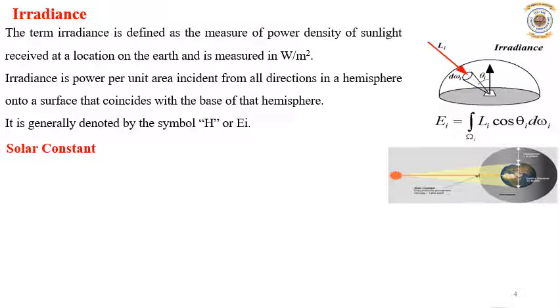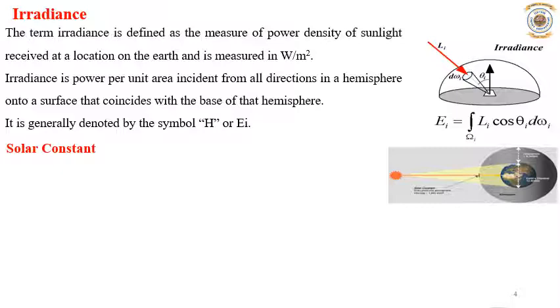As viewed from the earth, the radiation coming from the sun appears to be essentially equivalent to that coming from a black surface at 5762 degree Kelvin.